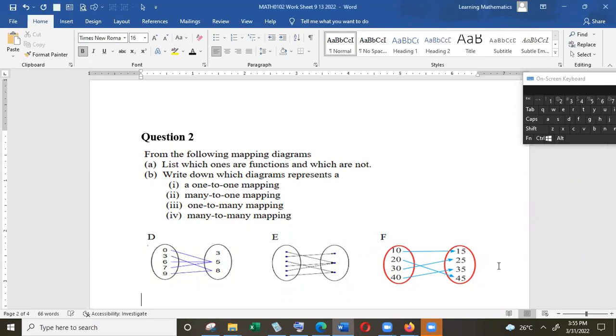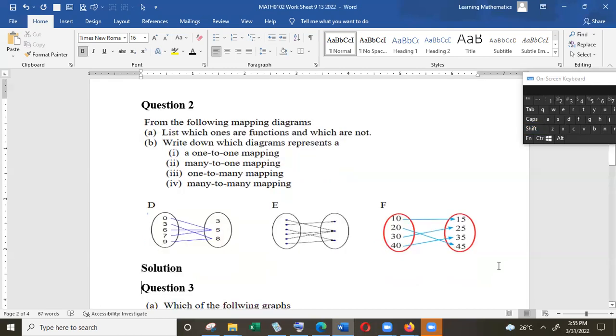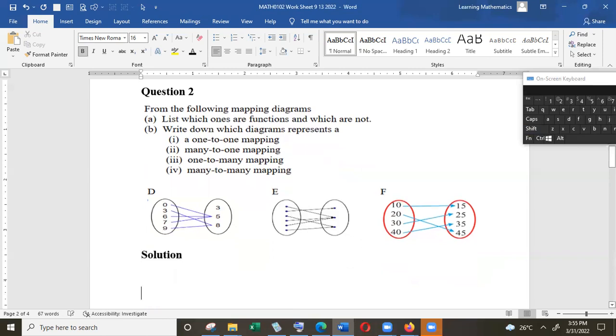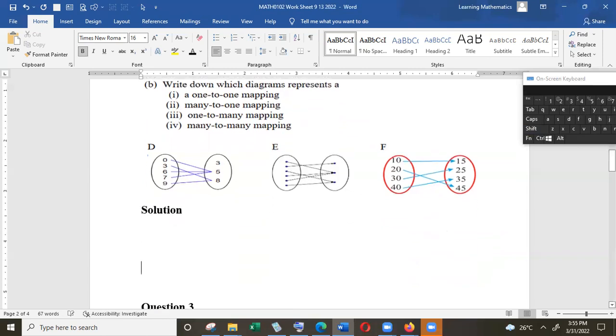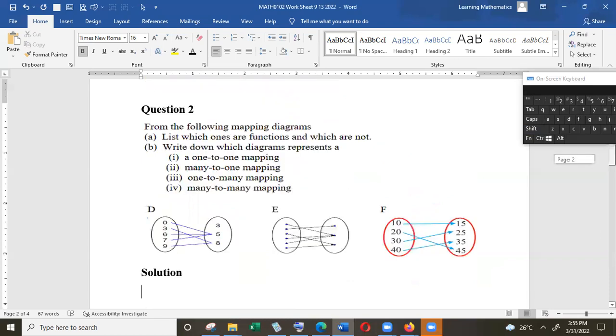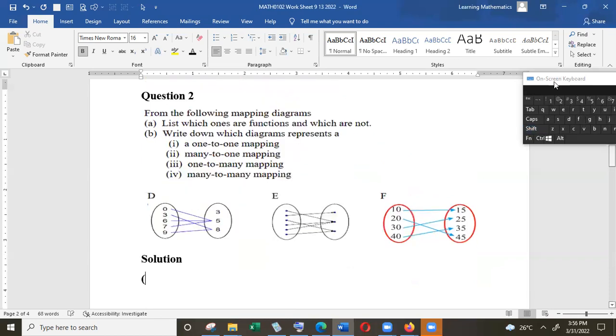So in our solution, you write E. All right.